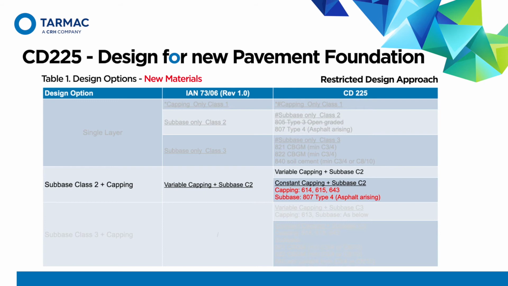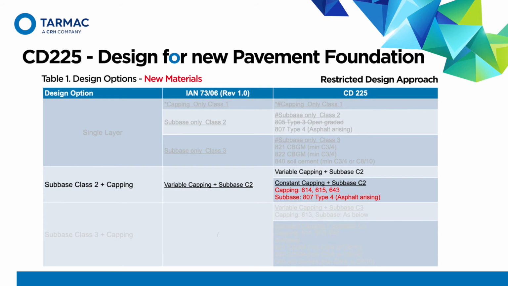Moving on, the second option for the design of the foundation is sub-base class 2 plus a capping. The IN 7306 only has one option, which is variable capping plus a sub-base. The CD225 has an additional option, which is constant capping plus sub-base class 2.